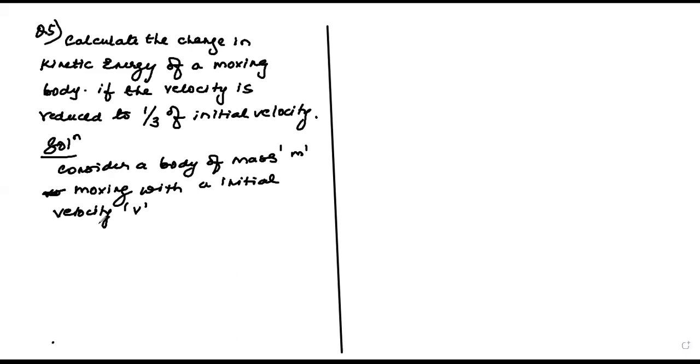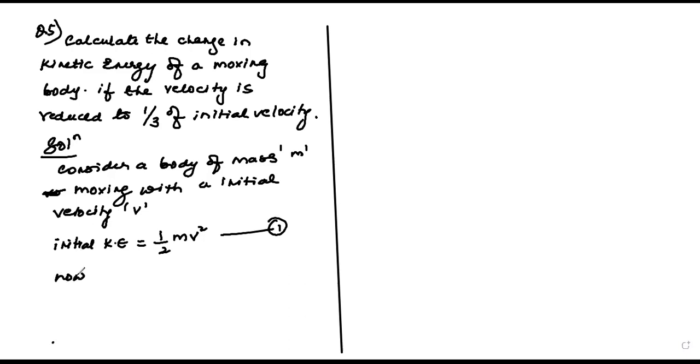Got it? So naturally, what is kinetic energy? Initial kinetic energy, children? Initial kinetic energy will be equal to half m v squared, because this is the formula for kinetic energy. Okay.